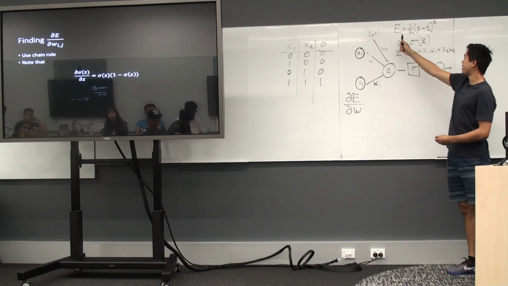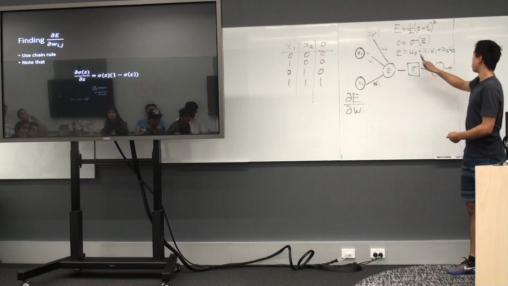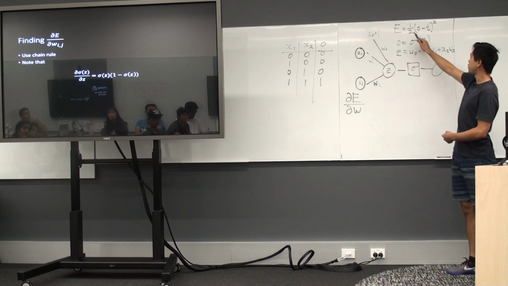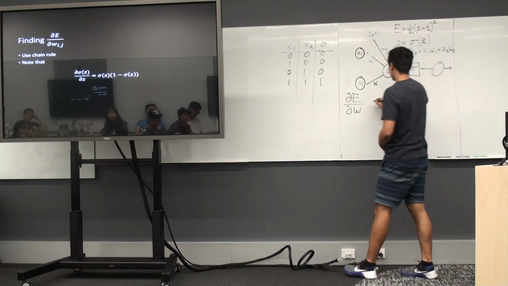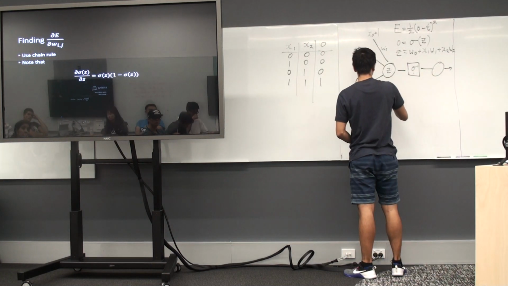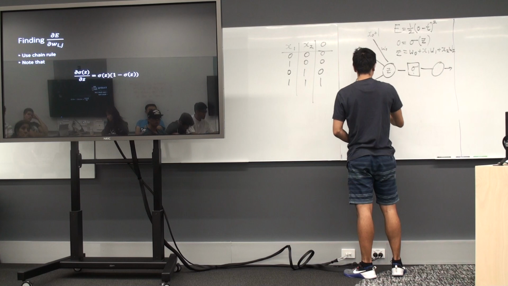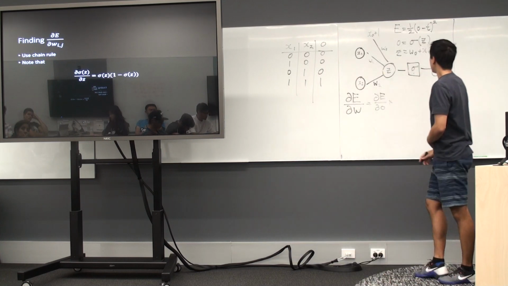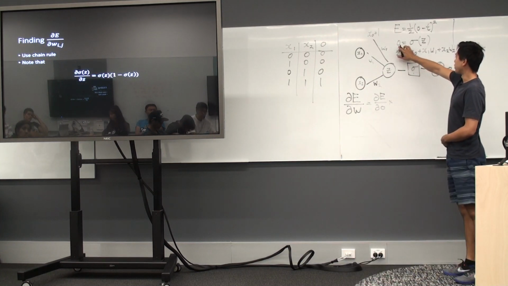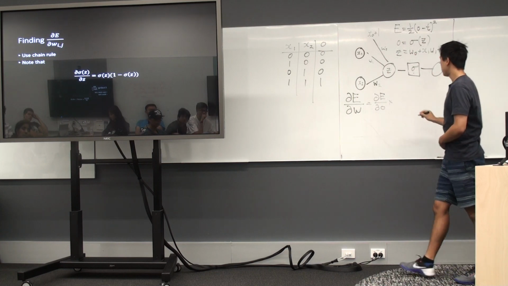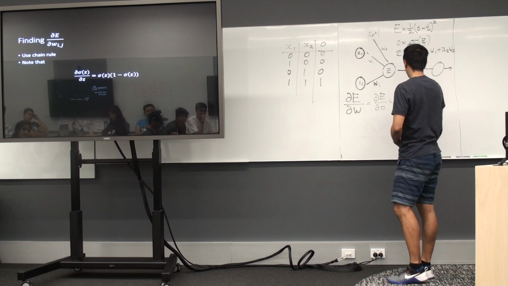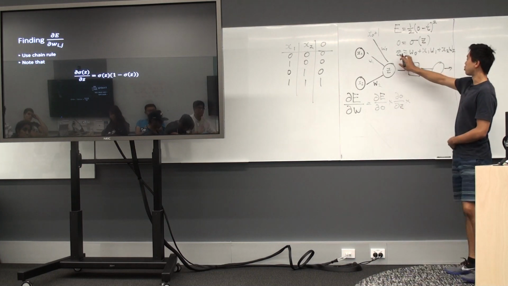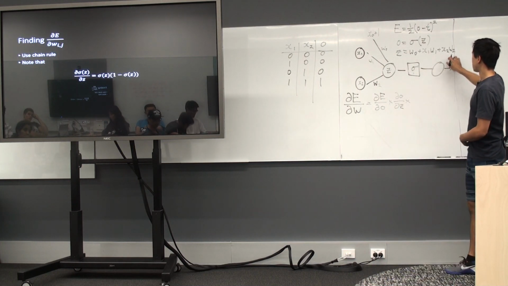So if we want to find the derivative of the error with respect to W2, we have to use the chain rule. We want to find the derivative of the error with respect to the output, then the derivative of the output with respect to Z, and then the derivative of Z with respect to W2.